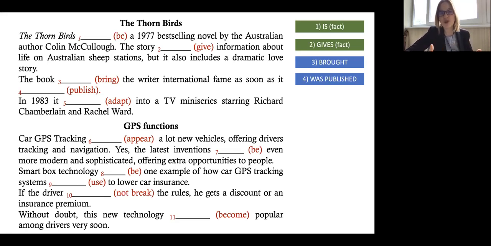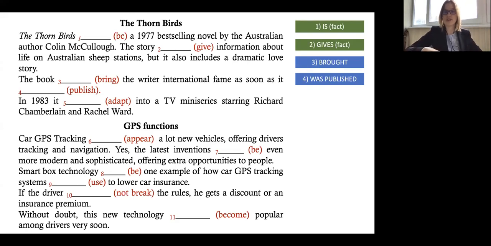We still do not know, we don't have any information about the author. We do not know whether he is alive or not. In this case, we simply use the past indefinite tense to make sure that the writer had international fame in the past, and the verb in the past will be brought. So the book brought the writer international fame.